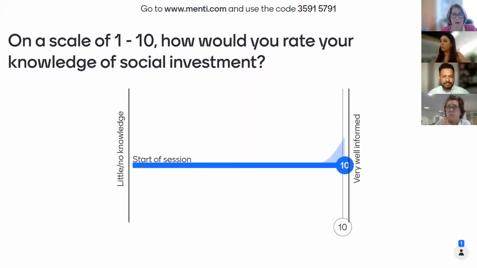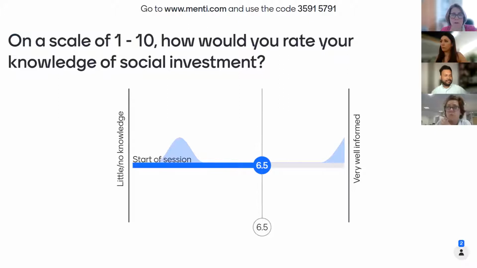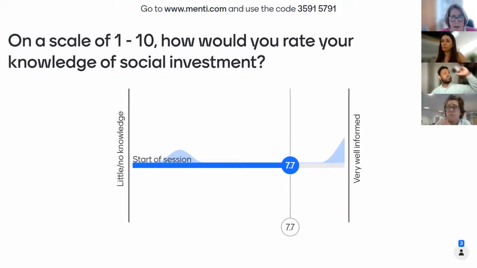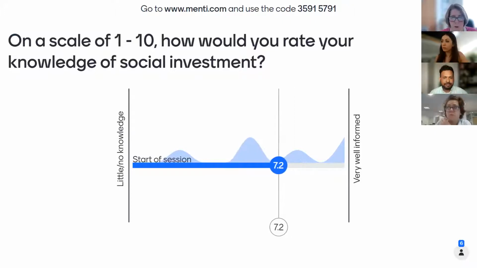What we're asking you to do here is, on a scale of 1 to 10, rate your knowledge of social investment. If you're somebody who works in the social investment space, that might skew the result a little bit, but if you're somebody who's come looking for information today, we're keen to get that benchmark of where the group is at.